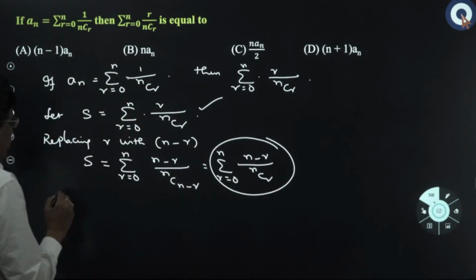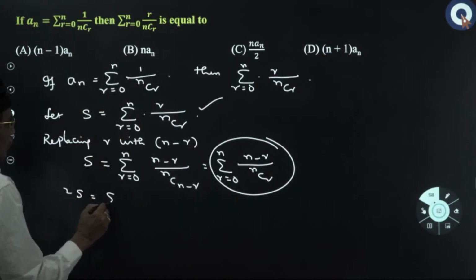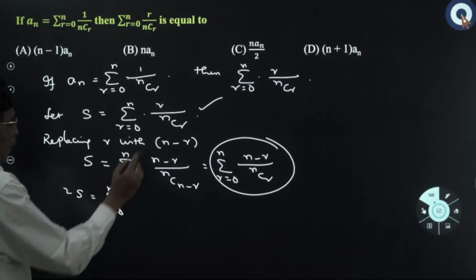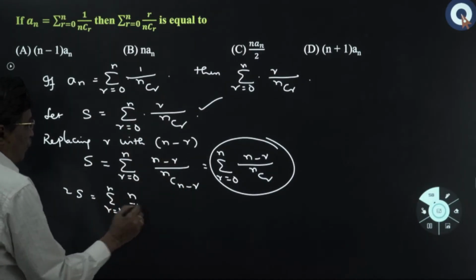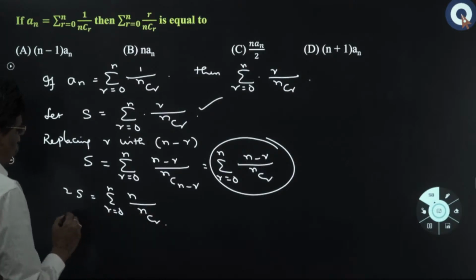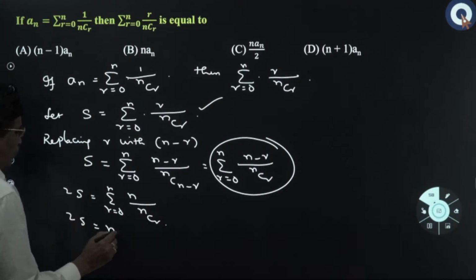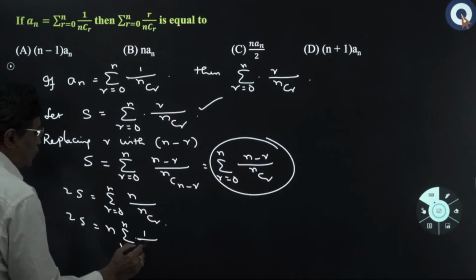I get 2S = sigma r = 0 to n of (r + n - r)/nCr, so 2S = n times sigma r = 0 to n of 1/nCr.